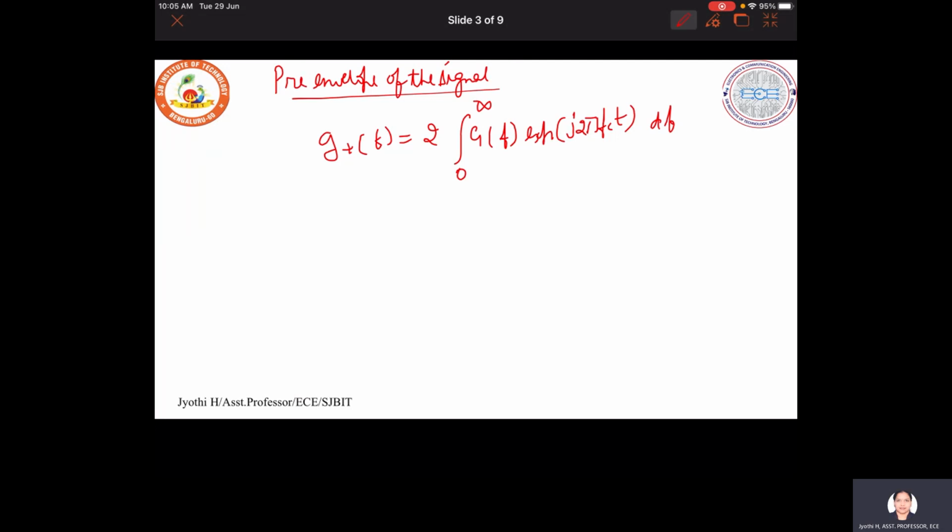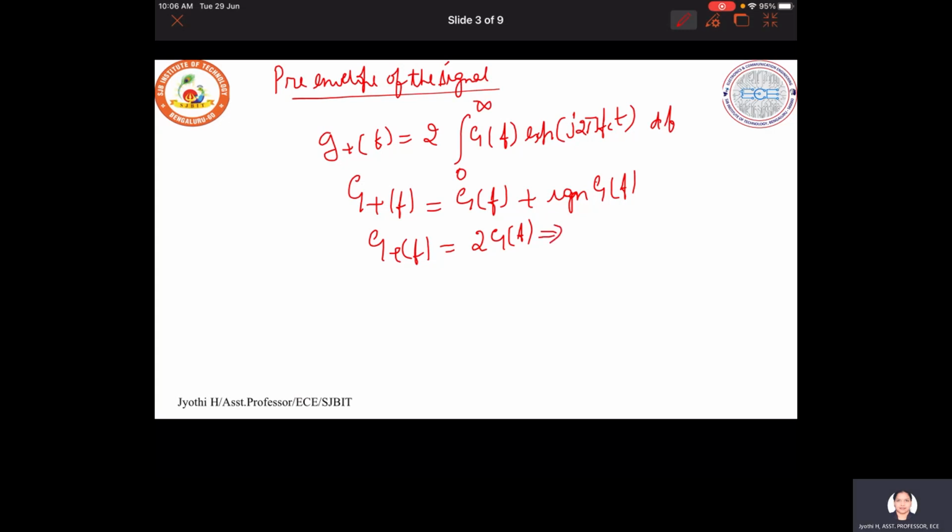When you convert this into the frequency domain, G plus of f is equal to G of f plus signum of f times G of f. So what is G plus of f? From this we can write that only for the positive component, it is 2 G of f.